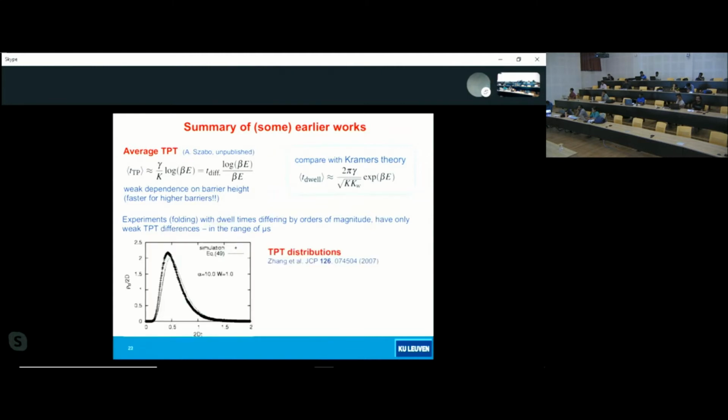What we will be very much interested in is understanding and studying different cases of transition path time distributions. They were starting, to my knowledge, the first paper was by Zhang and I forgot the last author of this paper. Okay, but this is the characteristic shape of a transition path time distribution.